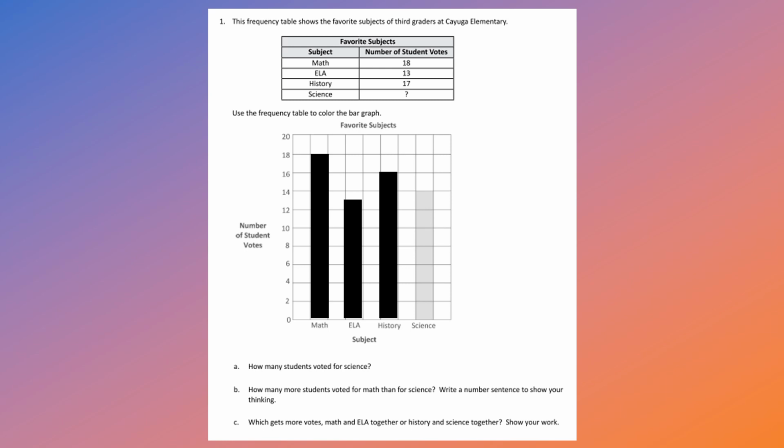And then I'm just going to shade it a little bit more because 17 will be halfway between 16 and 18. So I'll just shade up a little bit more there. Okay, right there. 17 should be right there. All right. Now, at this point, if you need to pause your video to make sure that you shaded in your bars correctly, go ahead and do so now.